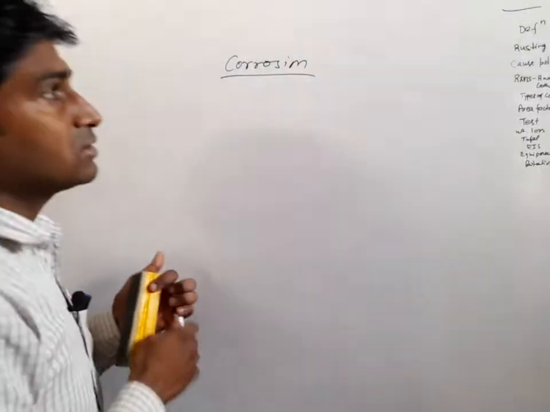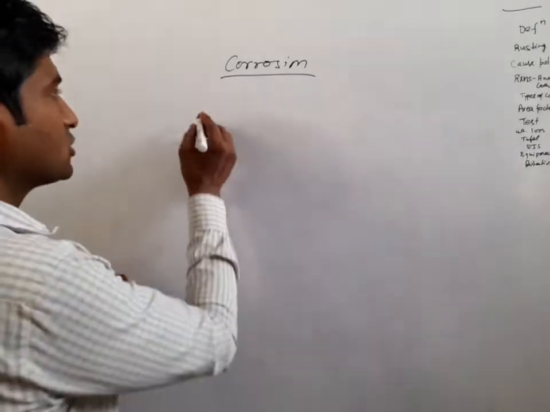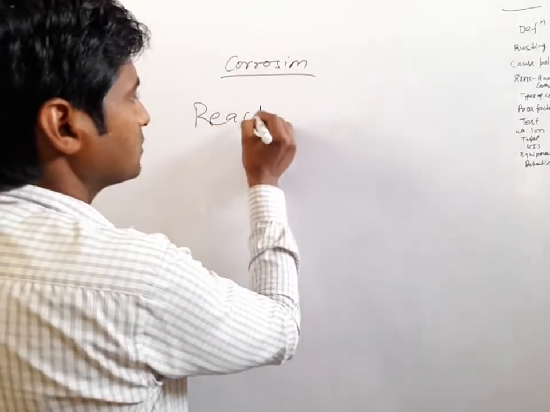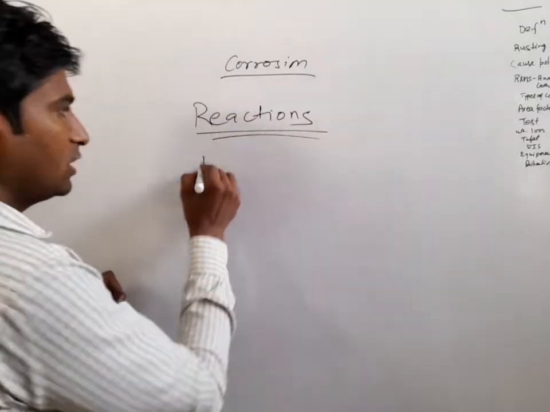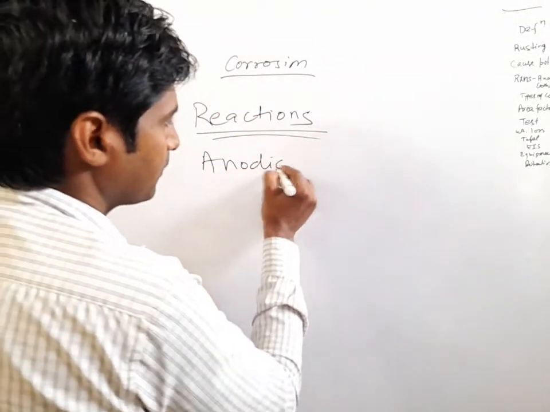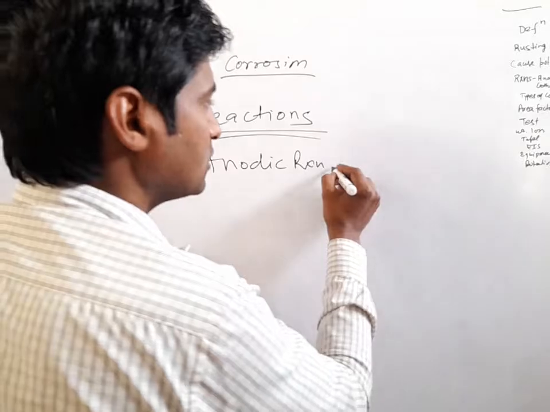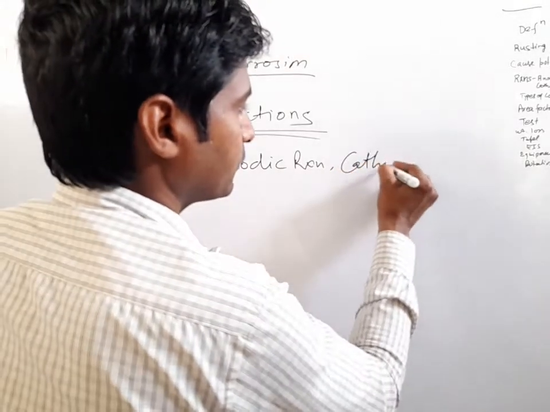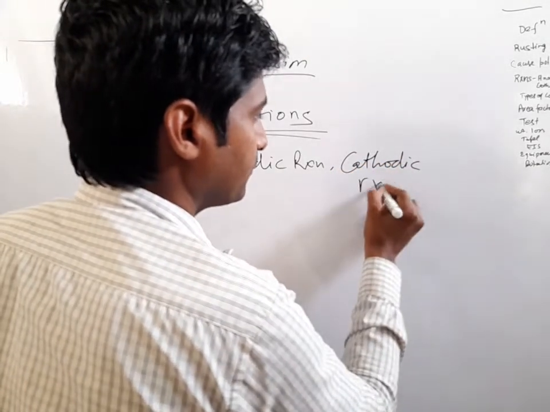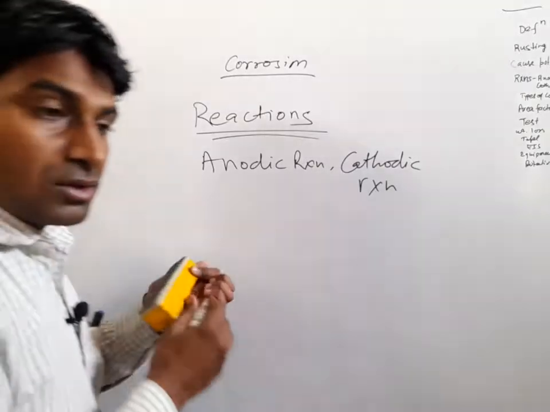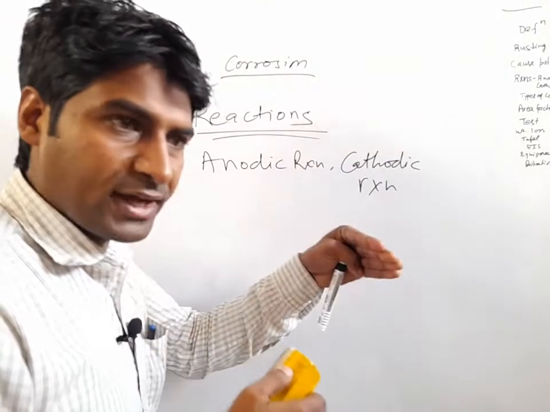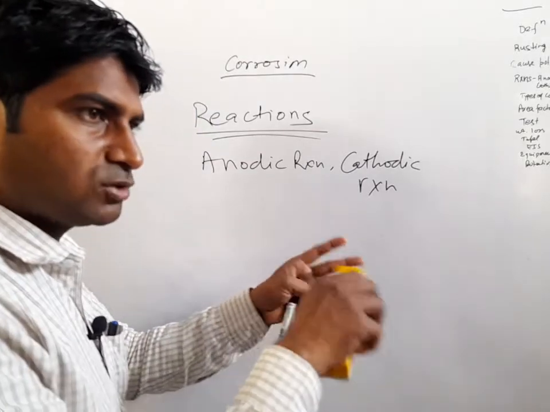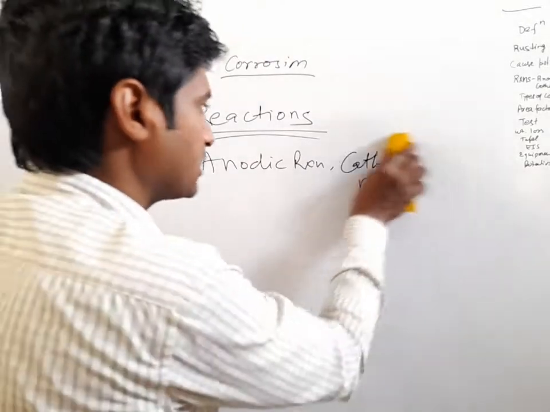Now I will discuss the reactions which take place during corrosion. There is one anodic reaction and one cathodic reaction. The reaction which releases electrons by dissociating into its ion is called the anodic reaction.